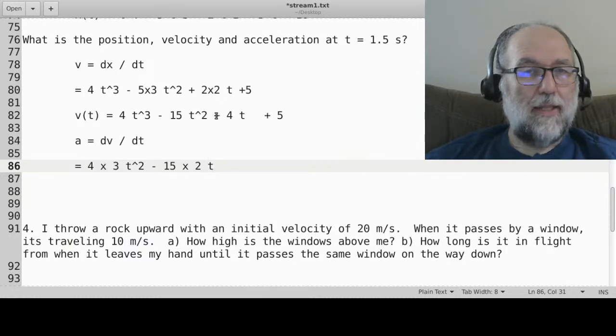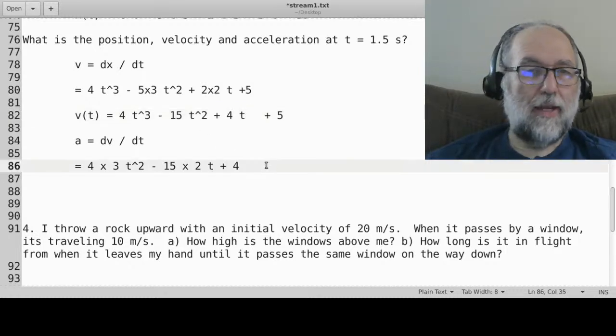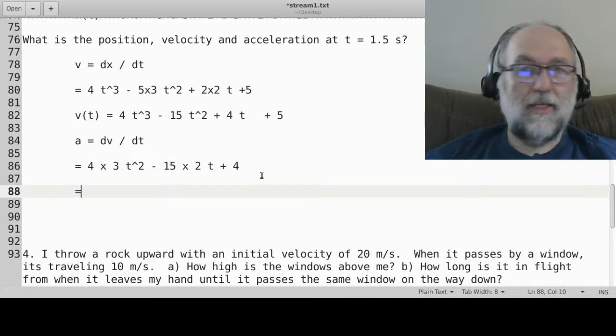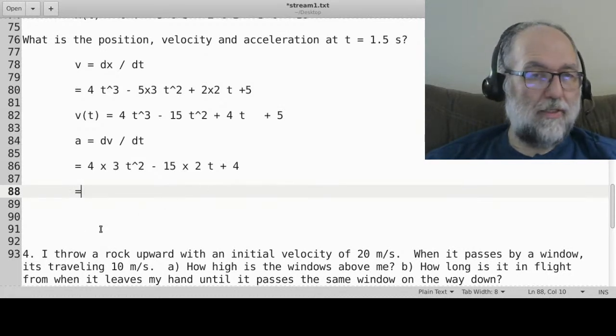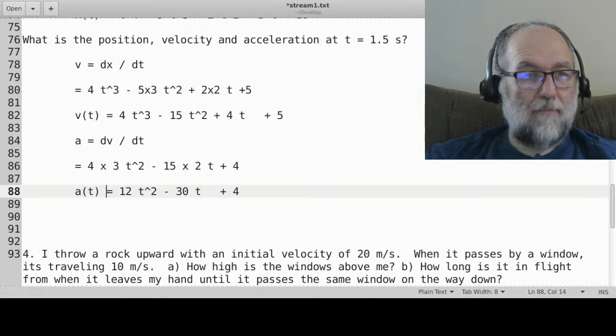All right, and then the derivative of 4t is just plus 4, like that. And that's it for that one. Let me just cut and paste the simplified answer there. There we go. Okay, so that's your acceleration as a function of time.